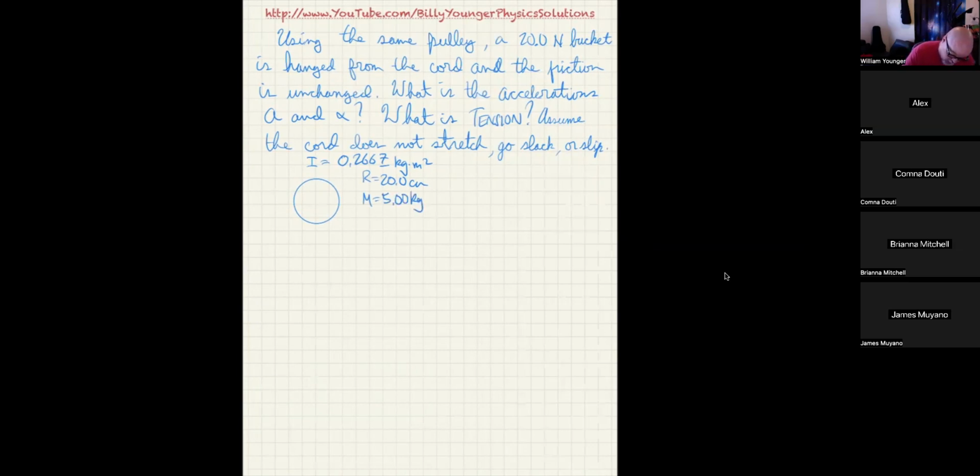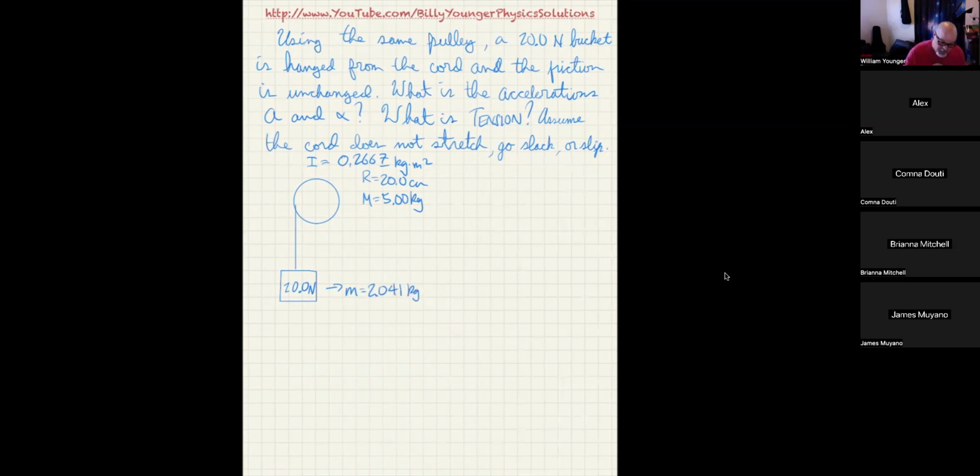Now, what I'm going to have here is a string pulling down on it. And then we have a mass whose weight is 20.0 newtons, which, by the way, implies that m is equal to 2.041 kilograms.